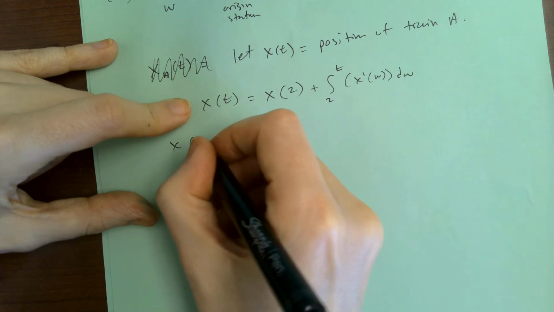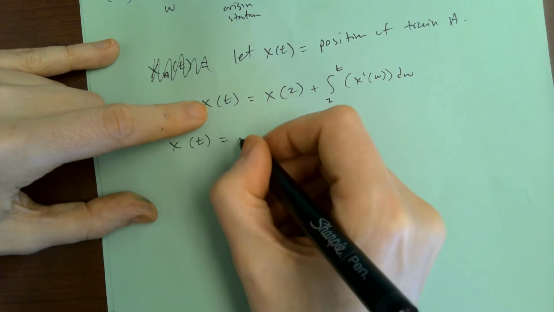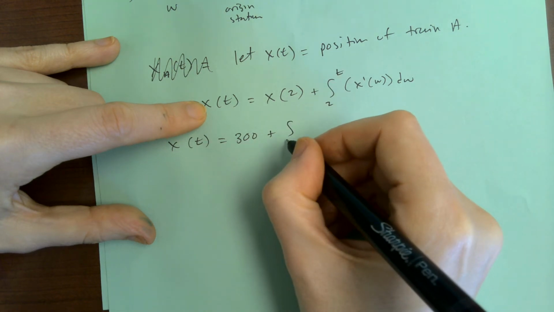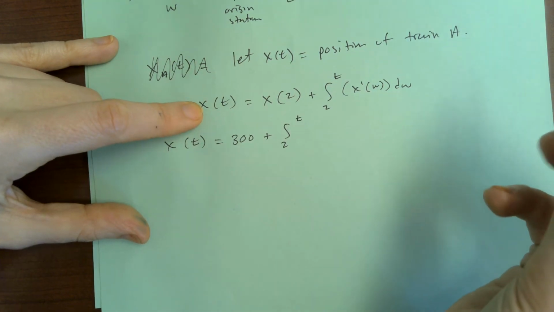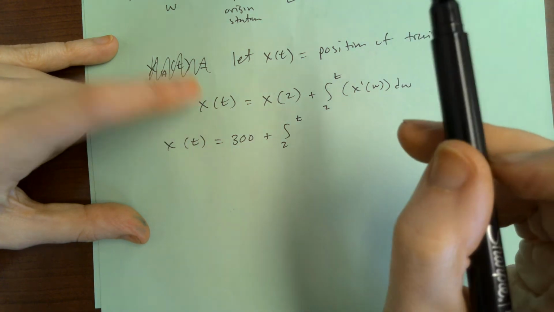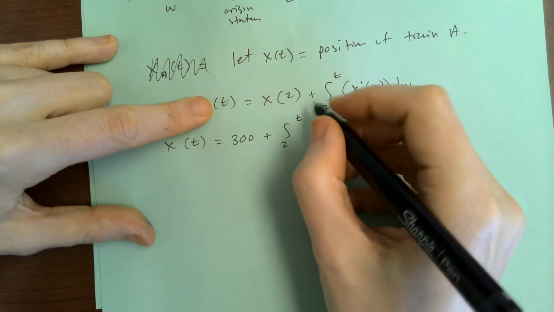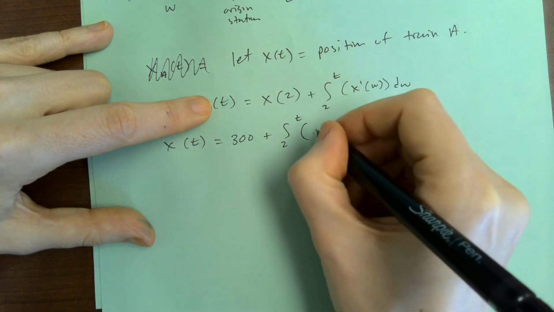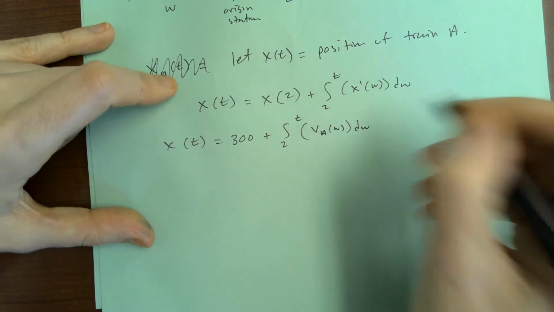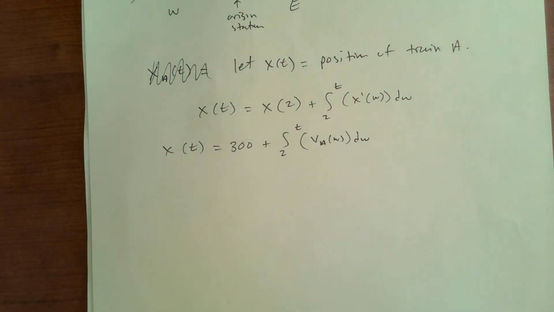So x of t is equal to x of 2, which is 300, plus the integral from 2 to t, and then the derivative is v sub a of w dw. Okay, so I wrote that integral expression.